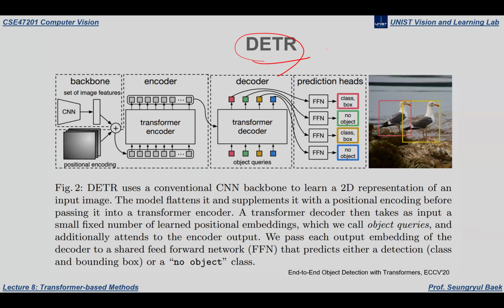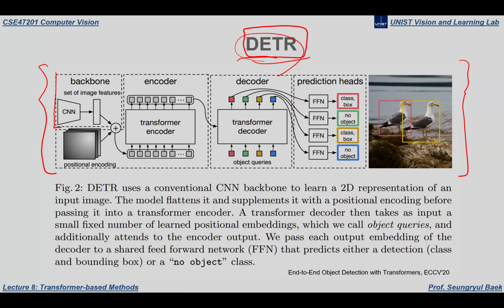But I think you can use PyTorch to train this DETR because the training code is already available. But to use that, you also have to roughly understand how they work. So I want to give you some intuition of this DETR implementation.